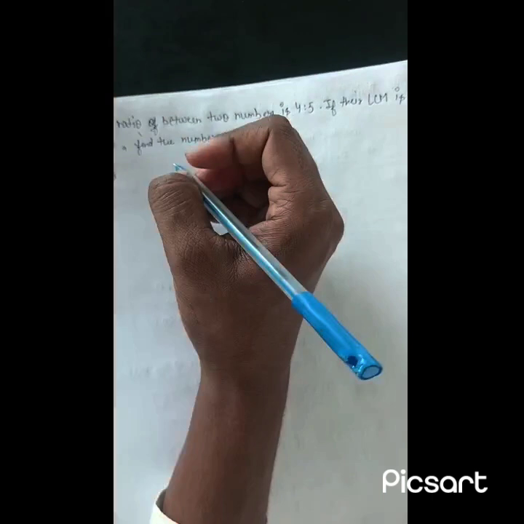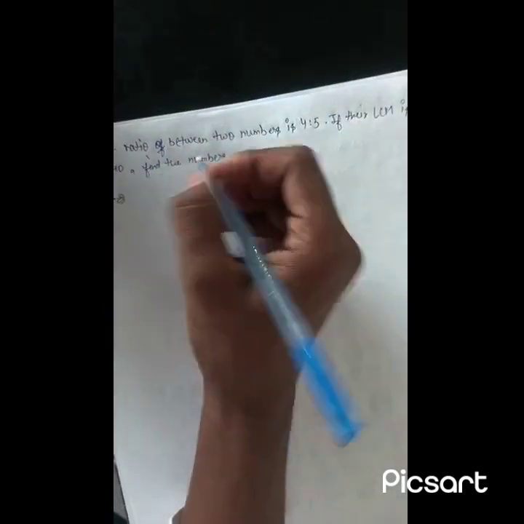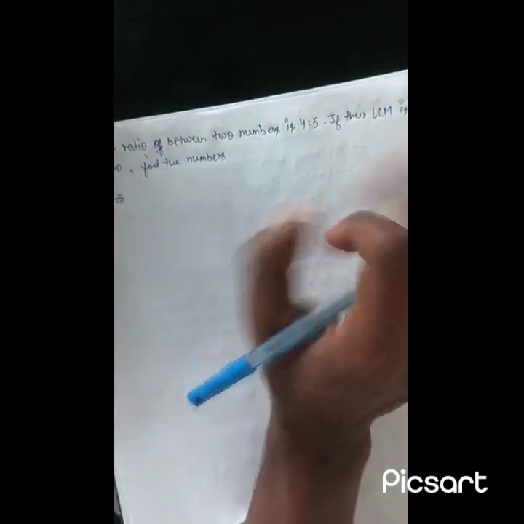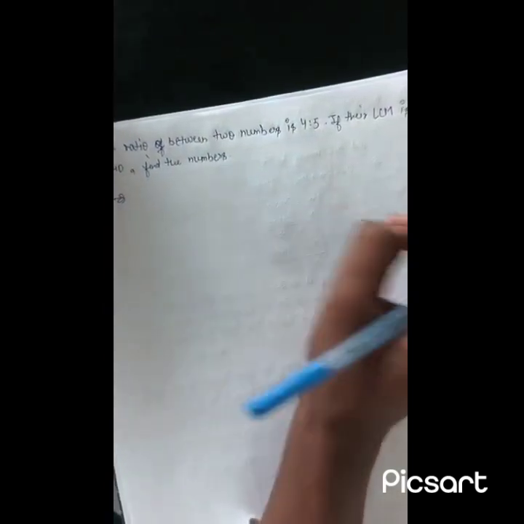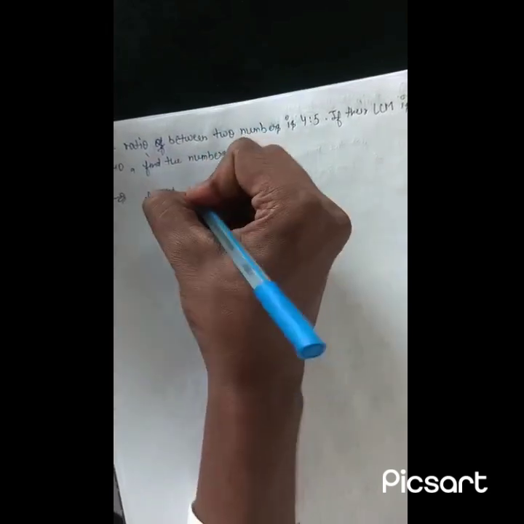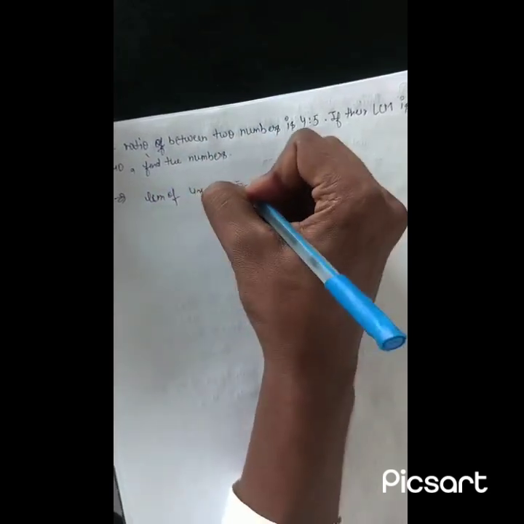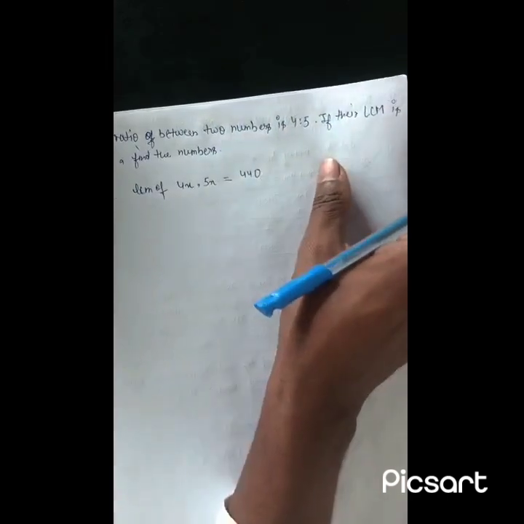So what we can do over here is, we don't know what these numbers are. So suppose we have taken the number as x, so it is saying that the LCM of 4x comma 5x is equal to 440.